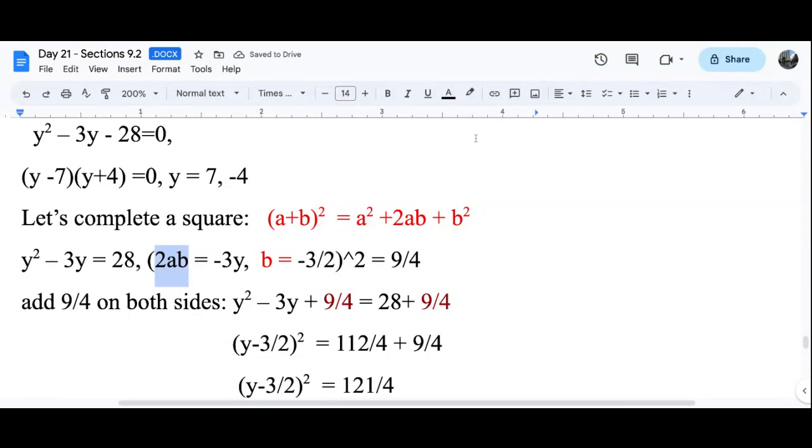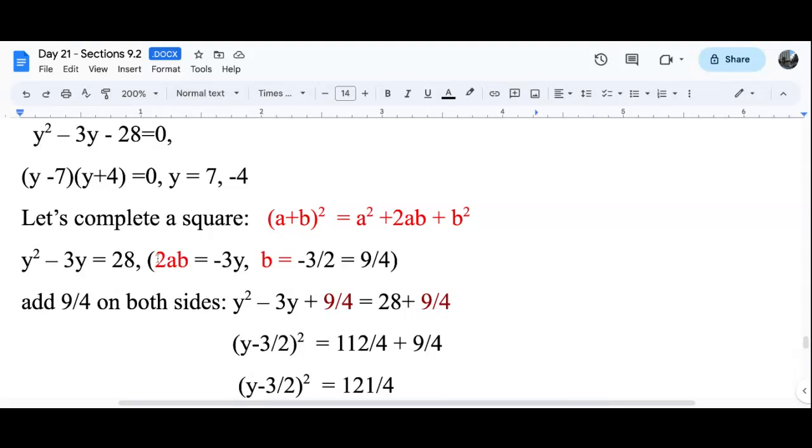First is all from this, right? So we have a squared, and we don't have b squared. We're trying to figure out 2ab. So 2ab is the second term, 2ab is negative 3y. And what's a?